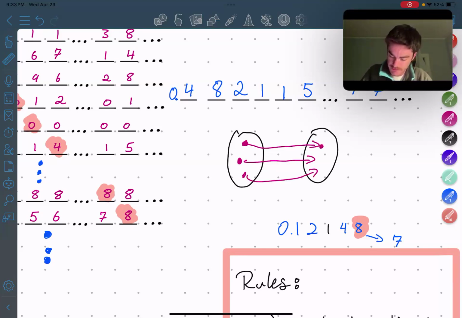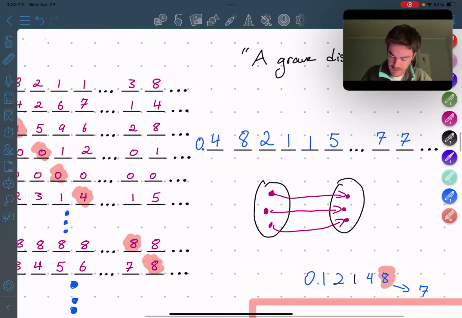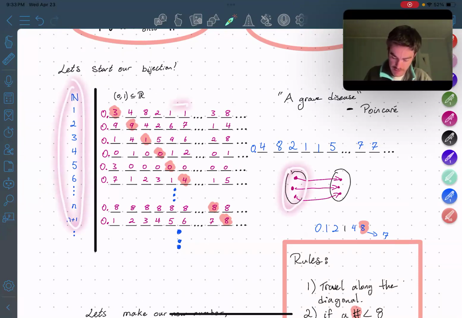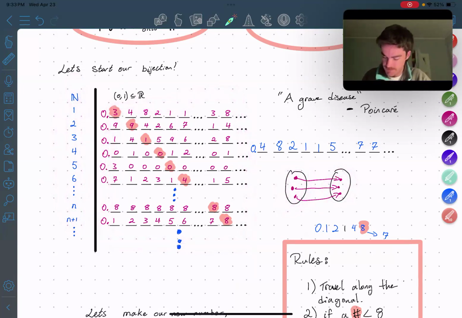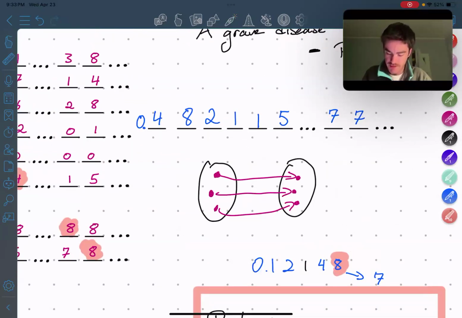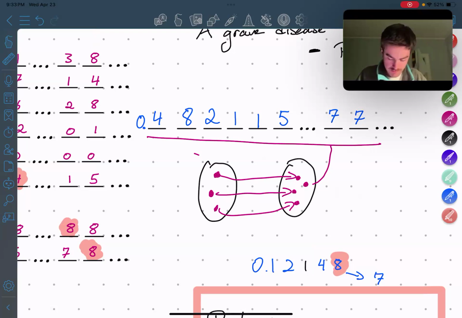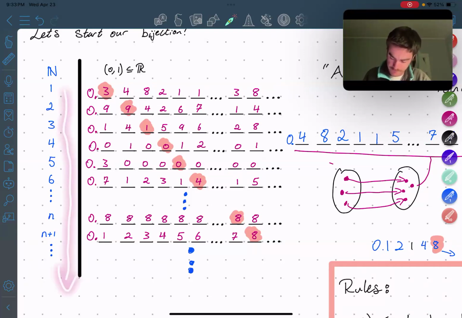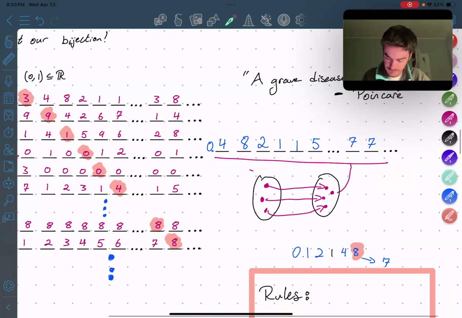They're hitting this one over here, and these guys over here are these numbers, and these numbers here are these little dots. What we've just done with this number is show there's another number in here that never gets mapped to anything. We know that because we made sure that for all of these natural numbers, this number never shows up.